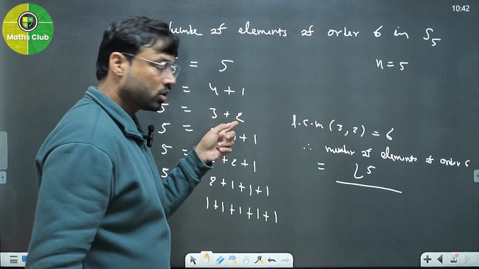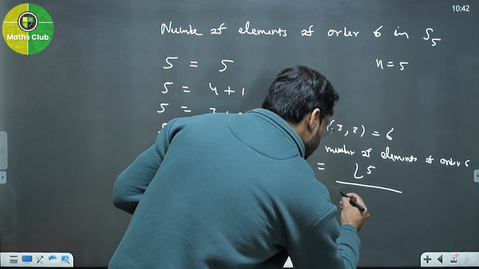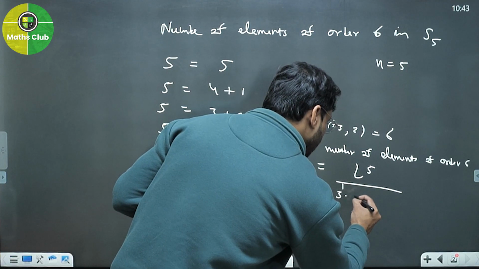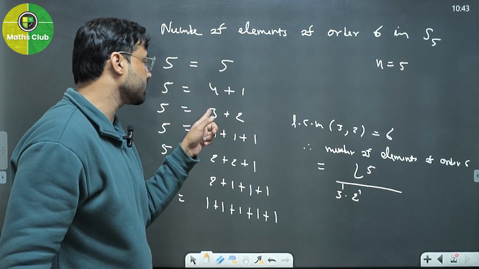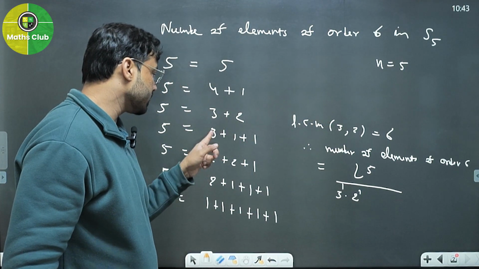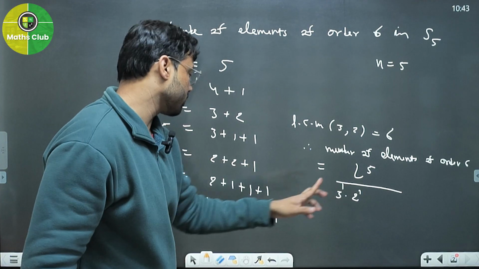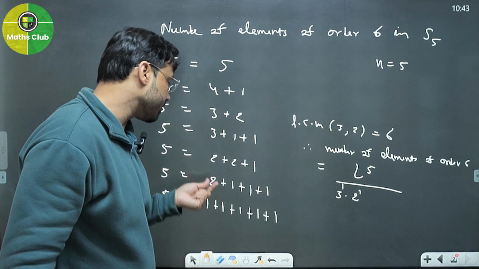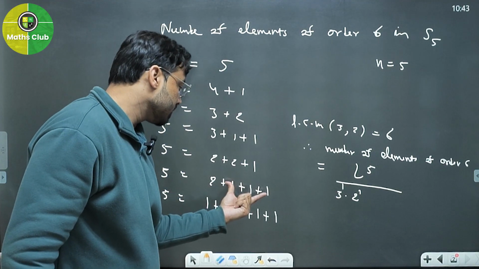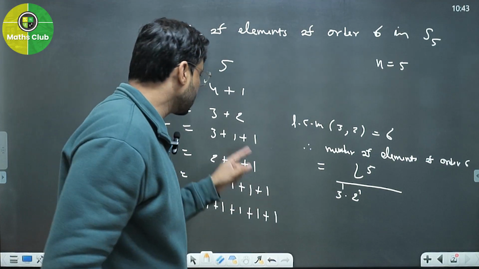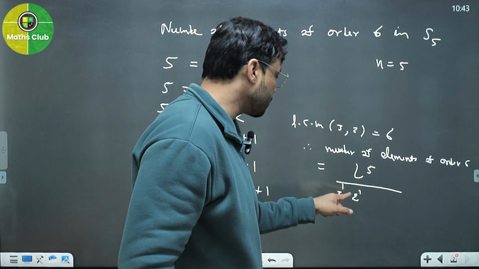Here 3 and 2. So you write 3 to the power 1 and 2 to the power 1, based on how many times each is used: 3 one time, 2 one time. Suppose in another case 2 appears 2 times, write 2 to the power 2 and 1 to the power 1. Like in this case, 1 to the power 5. Here 2 to the power 1 and 1 three times, so 1 to the power 3. Here both are 1 time, so simply write 3 to the power 1.